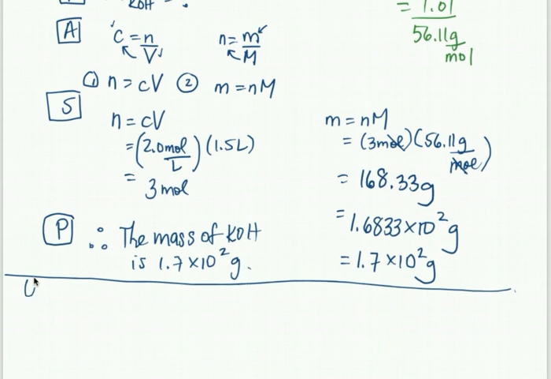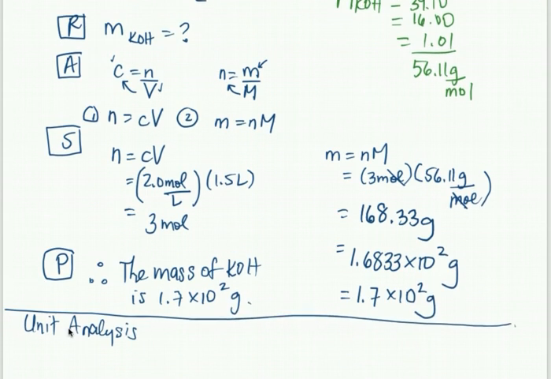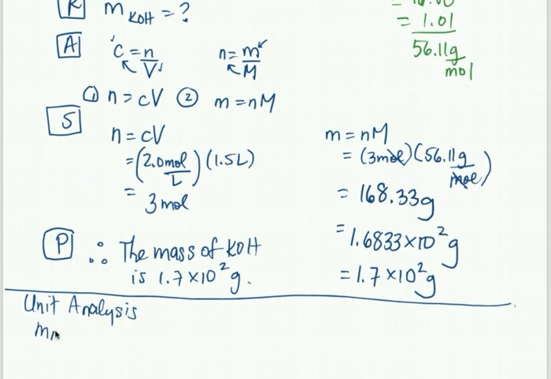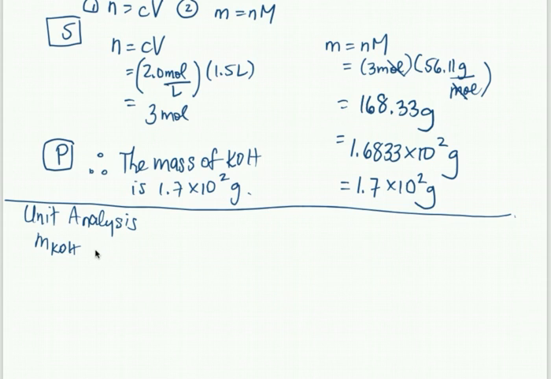So I'm just going to quickly do the unit analysis here. So you're given, your required's all the same, but your action plan is different. So again, your goal is to find the mass of potassium hydroxide. Okay, so you're going to start with the concentration first.